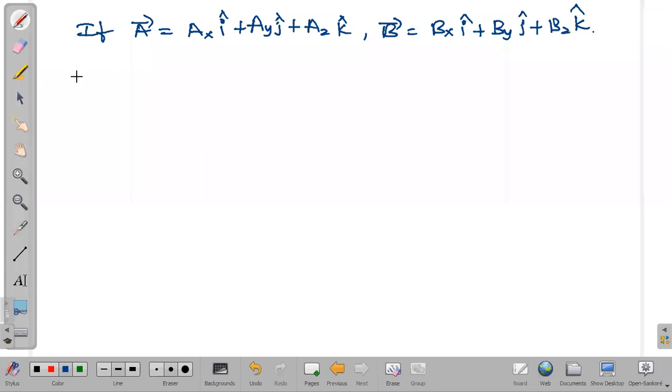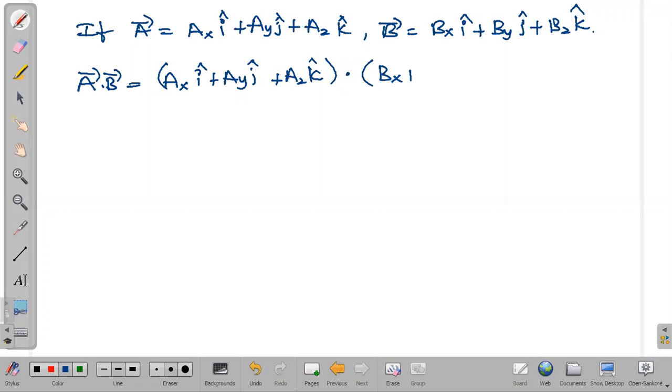Now if we multiply them in scalar product, what do we write? a bar dot b bar, so ax i cap plus ay j cap plus az k cap, dot, here we have to put the dot because we are multiplying them in scalar product, bx i cap plus by j cap plus bz k cap, right?